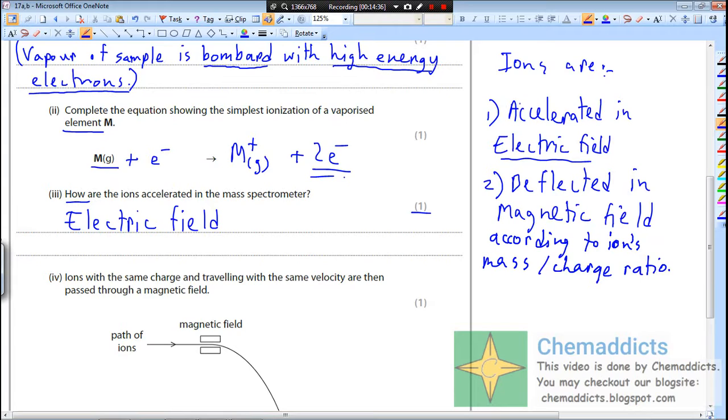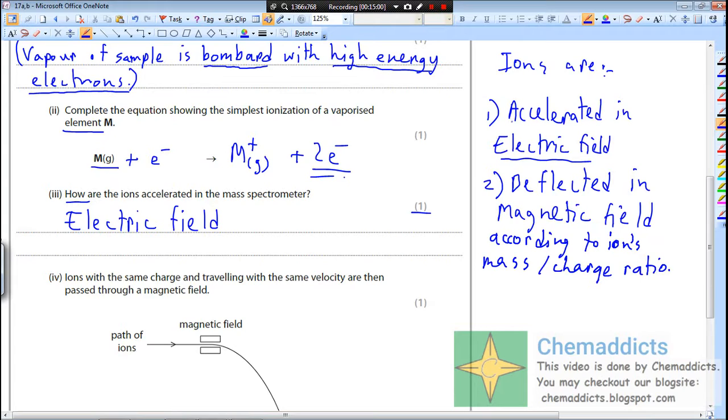So at first the ions are passed to the electric field where the ions are accelerated, then the ions are passed through the velocity selector where the velocity of the ions is kept constant. To have constant velocity, the ions are passed to the velocity selector.